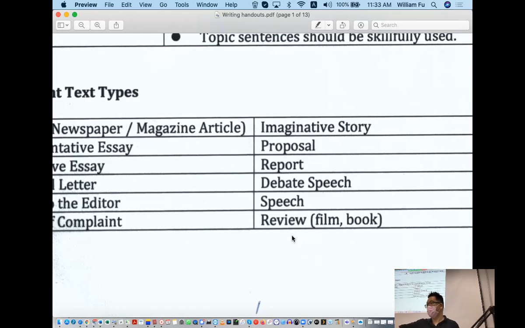For example, during an assembly, as a teacher, if I come out to announce something, I might say, today I'm going to announce three different items. Item number 1, I want to talk about the problem regarding students' uniform.